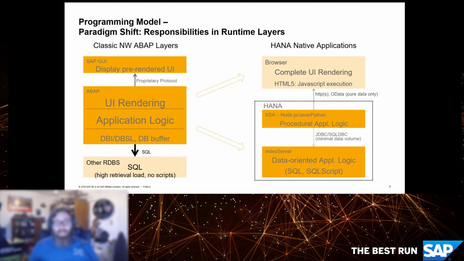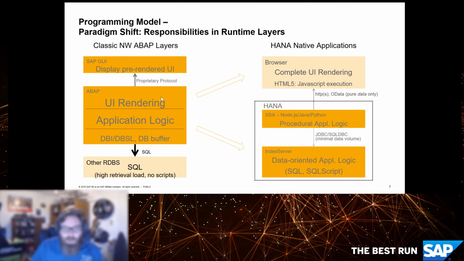And if we see the impact that this has on the shifting of responsibilities within the traditional application server stack, going back once again to those of you, many of you are probably ABAP developers viewing this video. That's my experience out there talking in the SAP world. You know, in the traditional ABAP world, you had your SAP GUI, and it talked to the ABAP application server, and the ABAP application server was really the center of the universe.